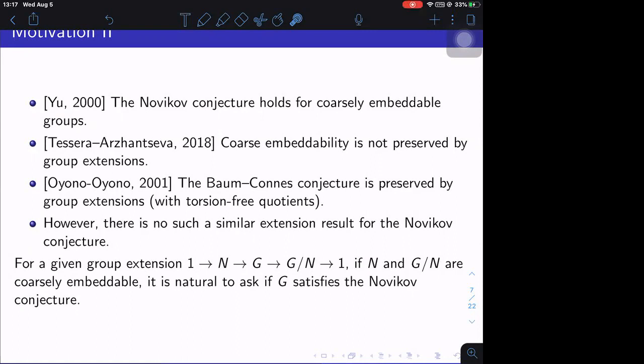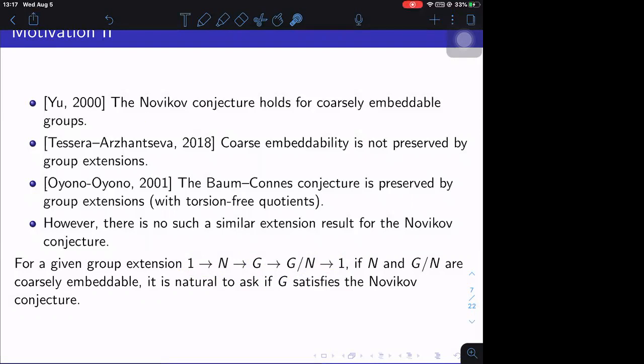Which means if you have a group extension where the normal subgroup and the quotient group are both coarsely embeddable, we don't know if G is coarsely embeddable, which means in this case we cannot apply the result by Professor Yu.